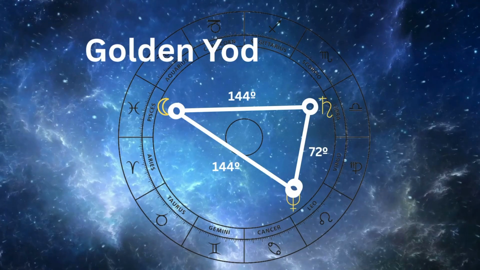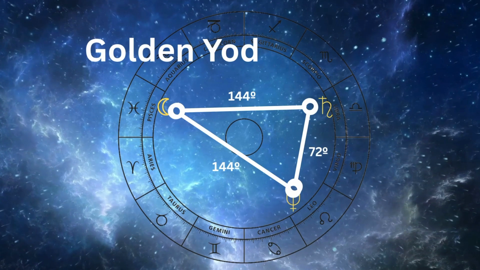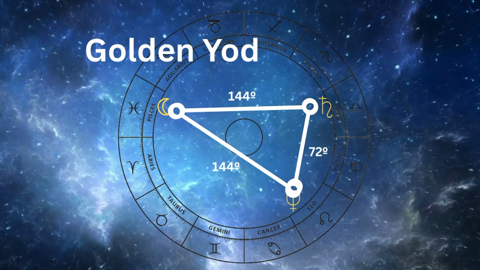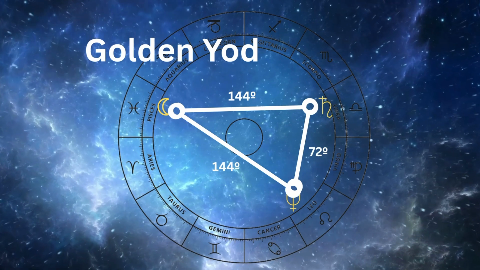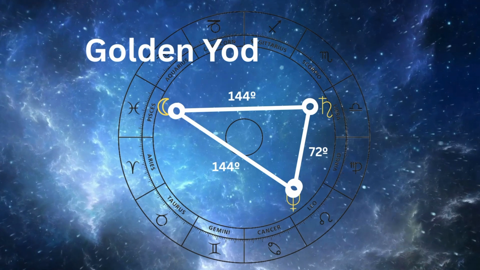So when you're looking at this Yod, one thing that you have to be careful of is if you widen your orb more than just 1 to 3 degrees, it gets into other configurations. So if you look at a golden Yod, that's going to be 72 degrees away from each other, and then 144 degrees and another 144 degrees.